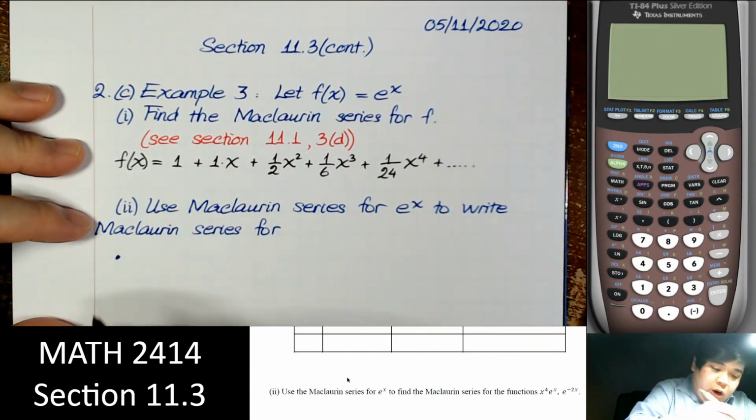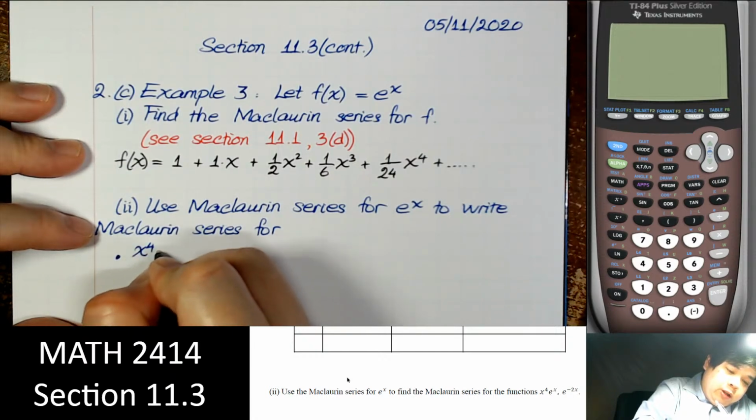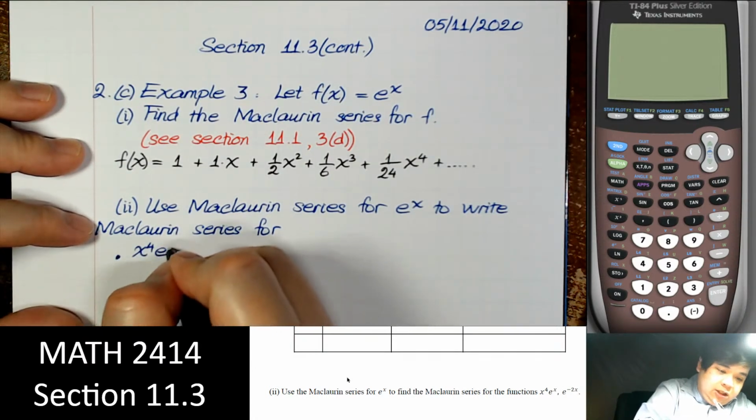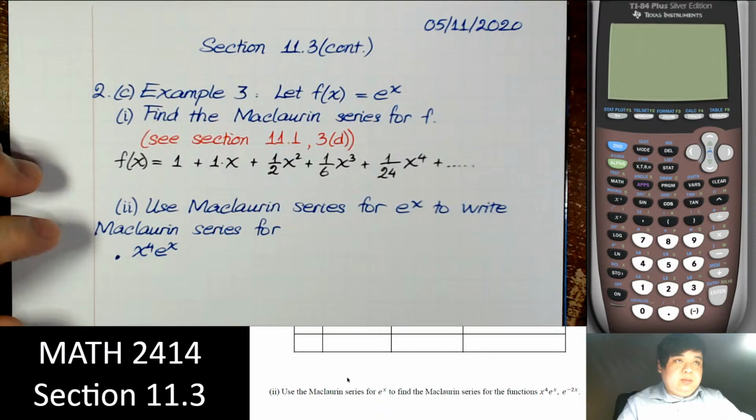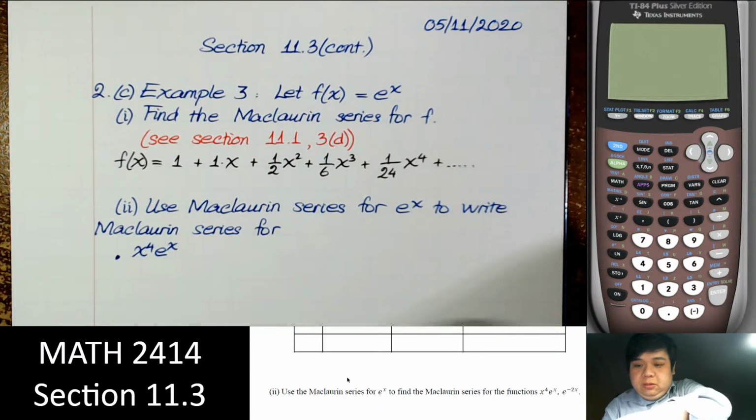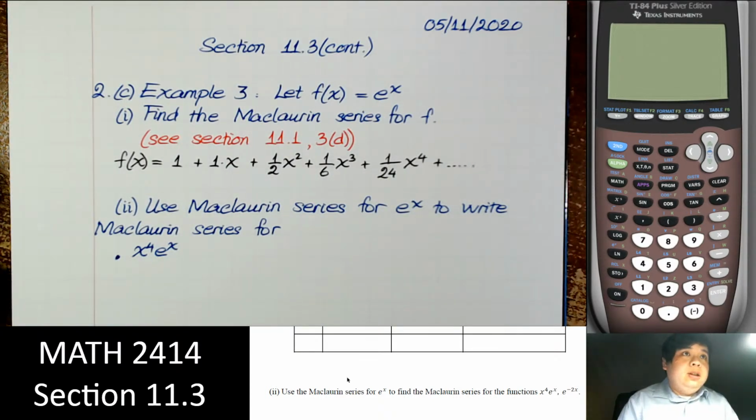Right, now we want to write x to the fourth e to the x. Right, this should be very easy.